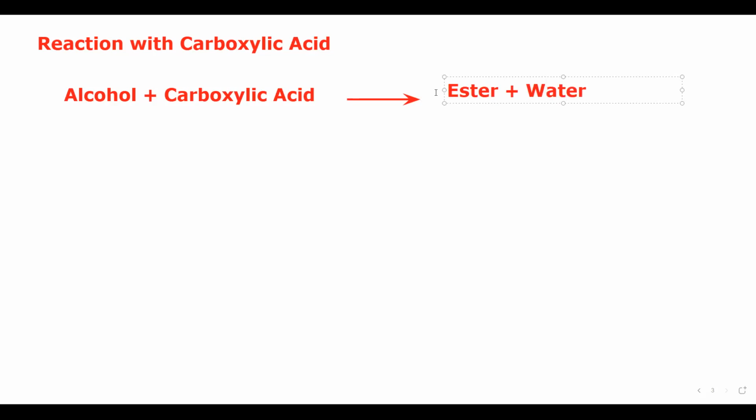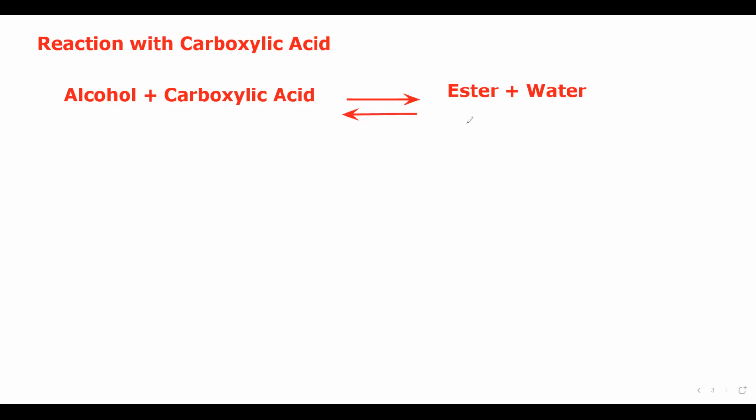When alcohol is reacted with carboxylic acid, this results in the formation of a compound called ester plus water, and this reaction is reversible. Ester and water can also combine and form the alcohol and carboxylic acid. So it's a reversible reaction.